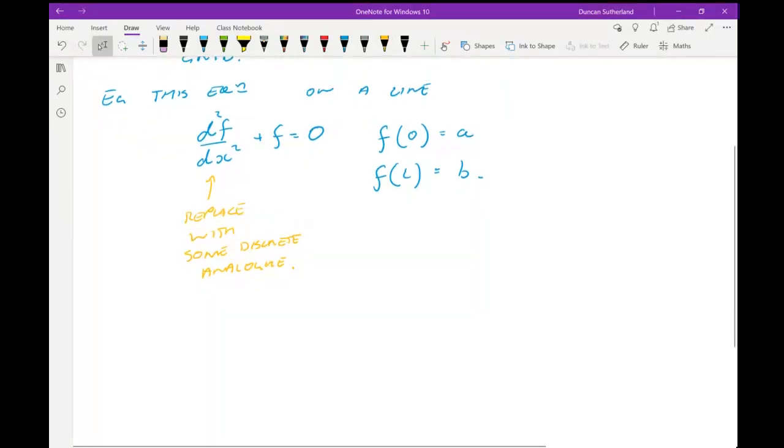How we're going to do that is set a number of points, if you like, a bandwidth, for our approximation.